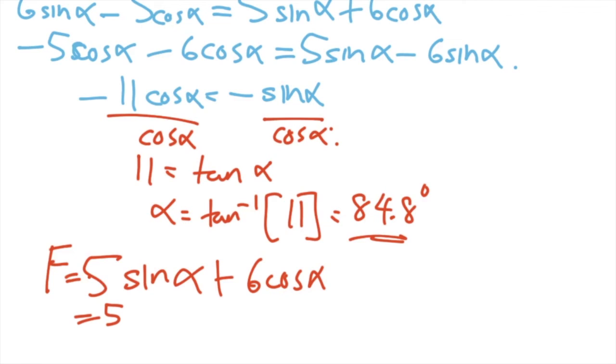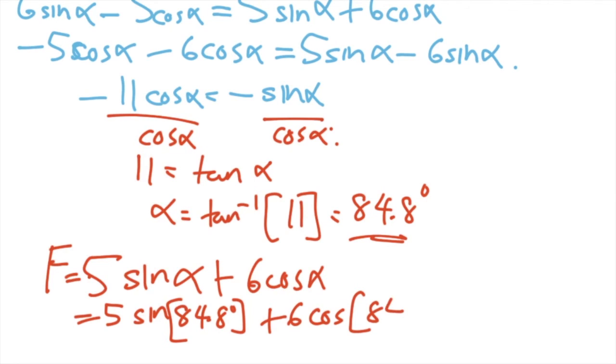So it's 5 sine 84.8 degrees plus 6 cos 84.8 degrees, and we use a calculator. That gives 5.523.